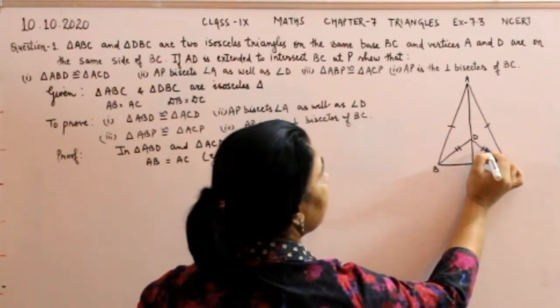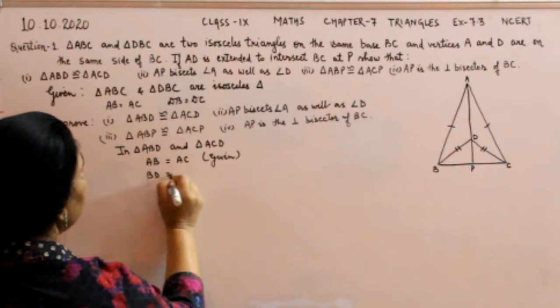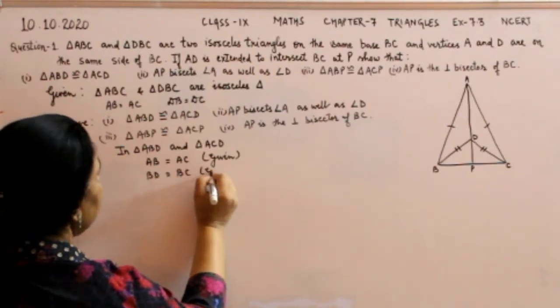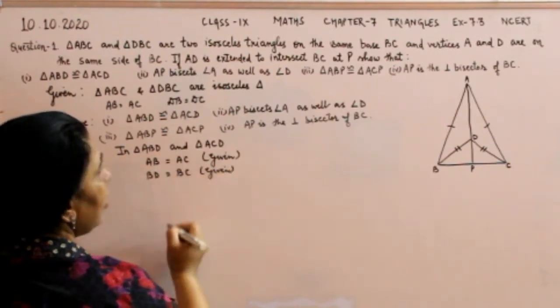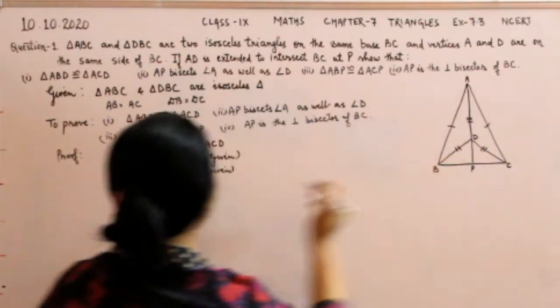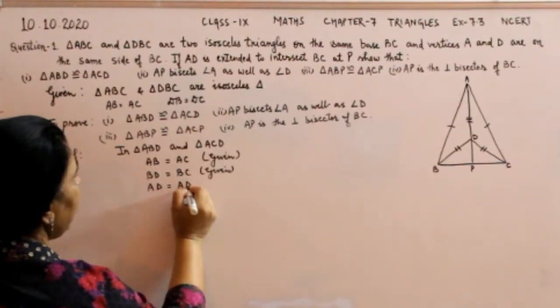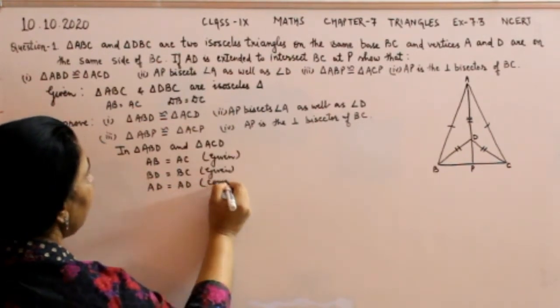This side is equal to this side, given. BD is equal to BC is given. And the third thing is that this side AD is common to both. AD is equal to AD.